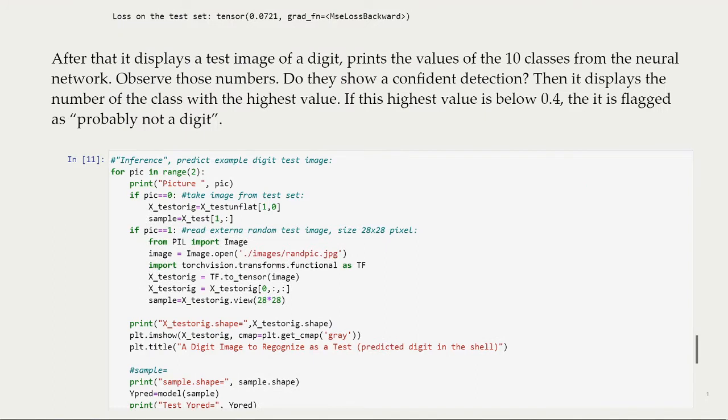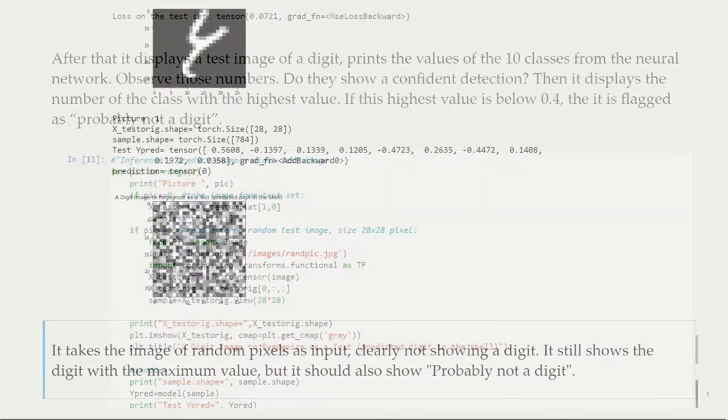It's interesting to notice that now we have some values for the 10 classes, and we need to observe those numbers and see if they show a confident detection.